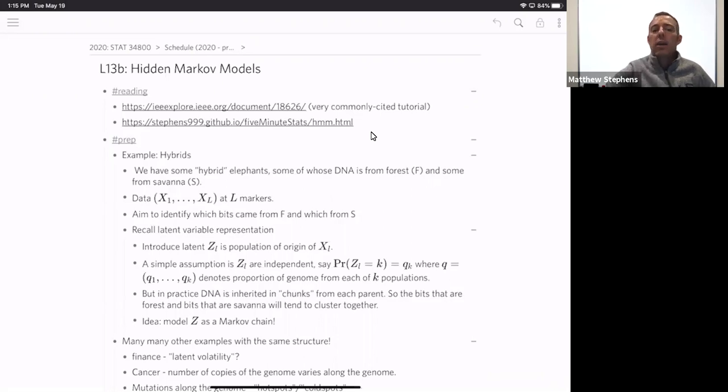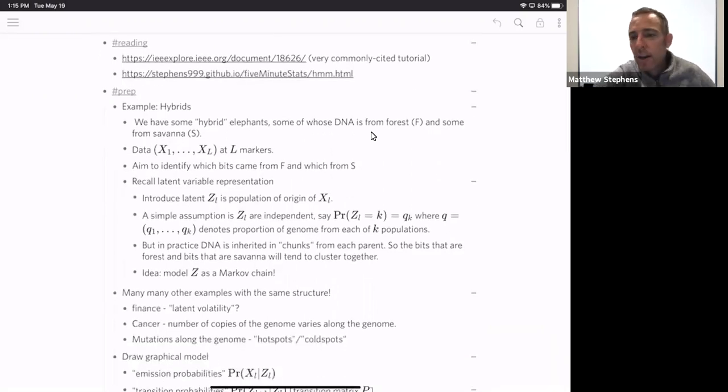As a motivating example, think about modeling elephant DNA again, back to the elephants, of a hybrid between a forest elephant and a savanna elephant. Say it has one parent that's a forest elephant and another parent that's a savanna elephant.